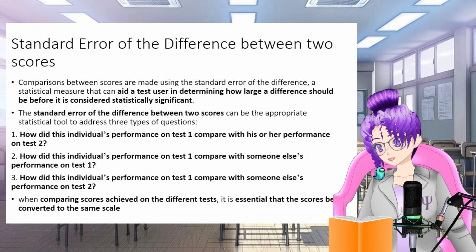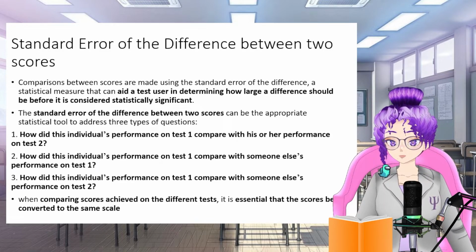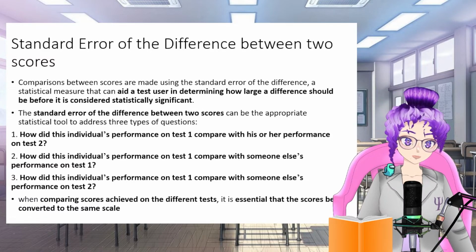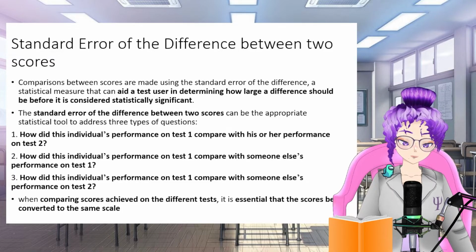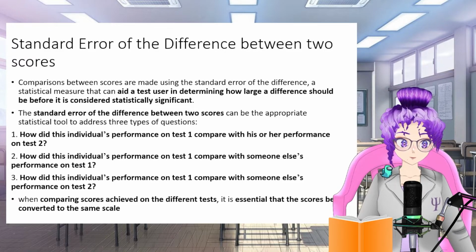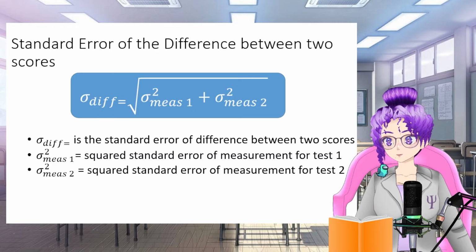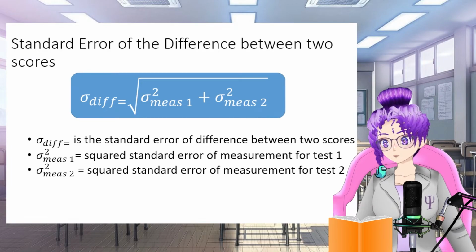When comparing scores achieved on different tests, it is essential that the scores be converted to the same scale. So if we want to compare the true scores of two different tests, we need to make sure that they are on the same scale, or, if you remember your standard scores, on the same scale of standard scores. So this is the formula.